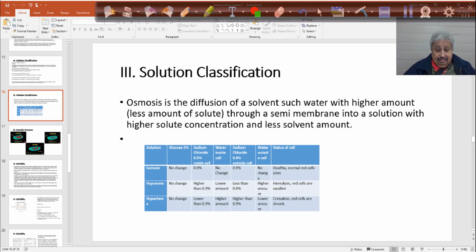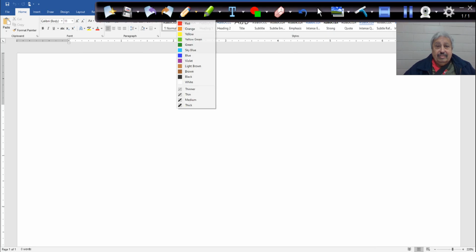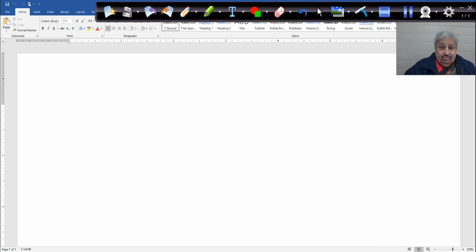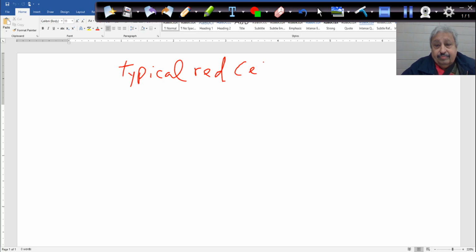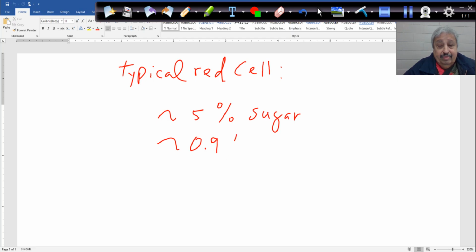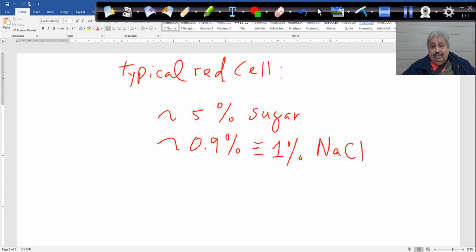A typical cell, the red cell here, has a lot of other ions, but the most important ones are around 5% sugar, about 0.9%, which is close to 1%, sodium chloride, and the rest, about 94%, H2O.